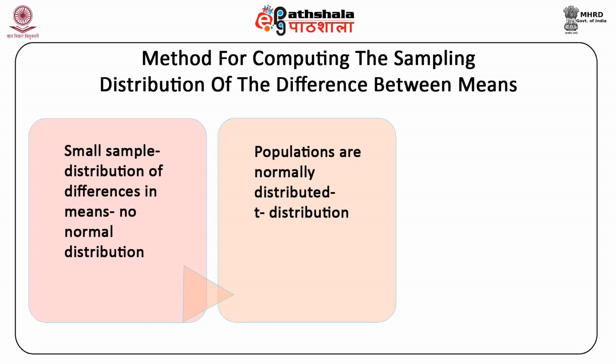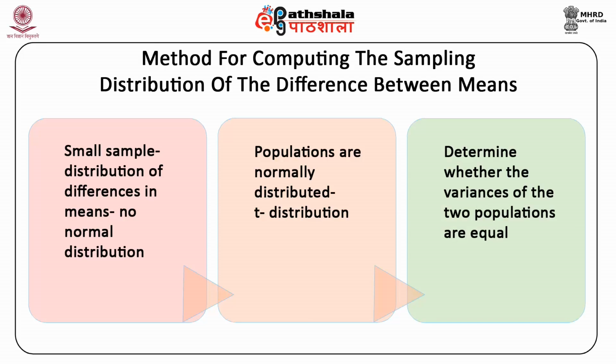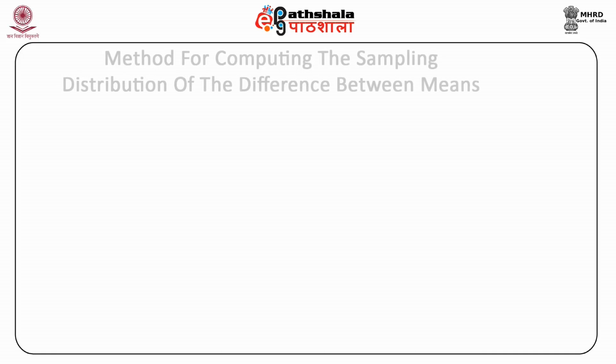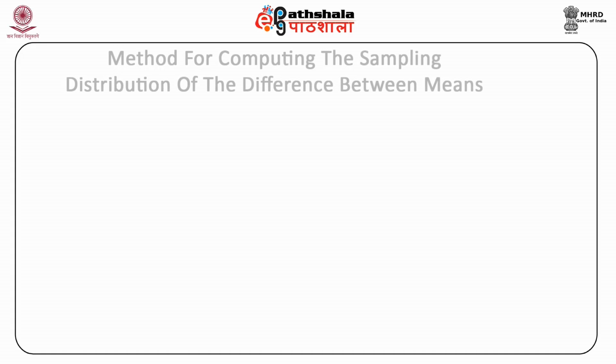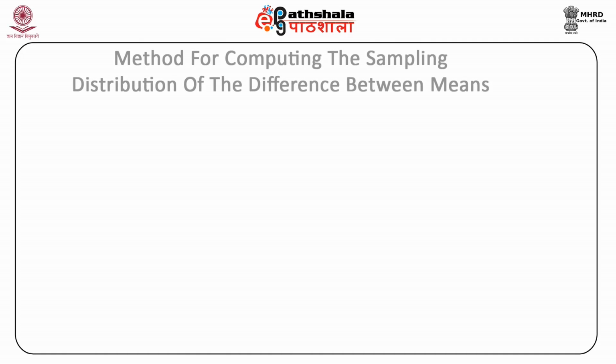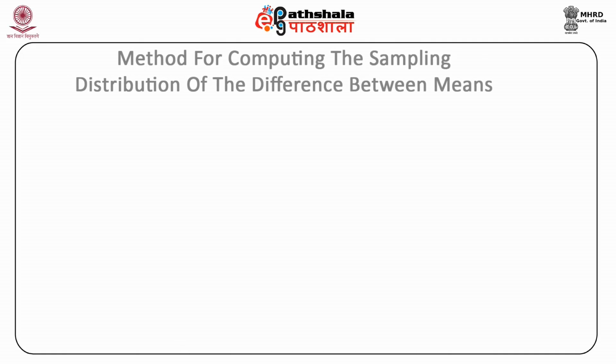To apply the T-distribution properly, we must also determine whether the variances of the two populations are equal. We use the T-distribution and the T-statistic for hypothesis testing for the differences between two sample means.